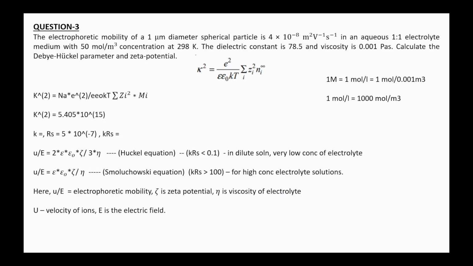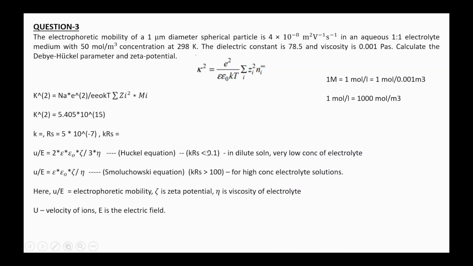So I would like to emphasize here that electrophoretic mobility is nothing but the ratio of the velocity of the ions to the electric field, which is also given as 4 into 10 power minus 8 meter square per volt second.